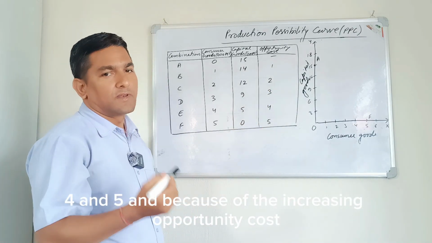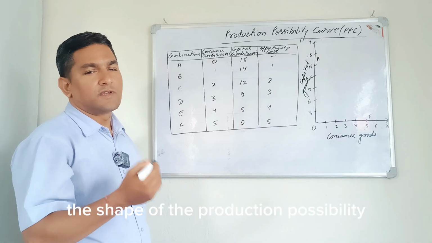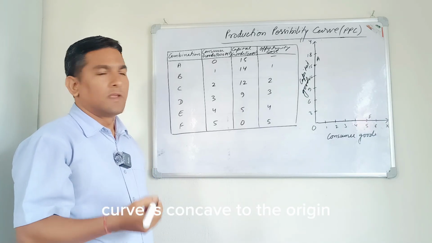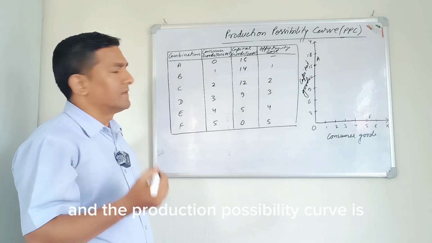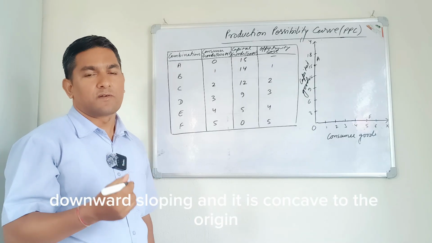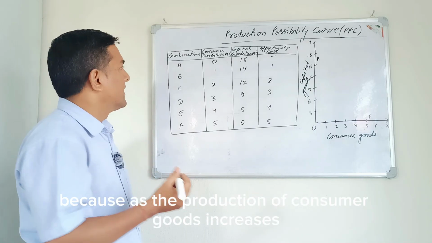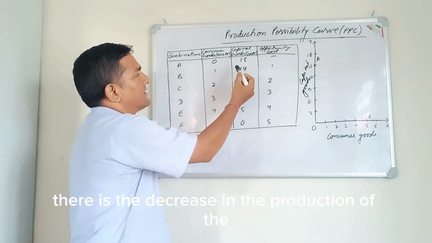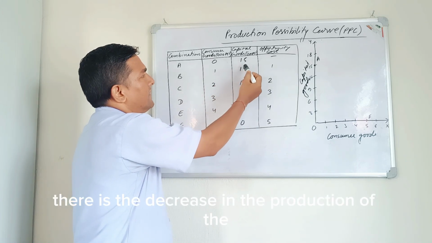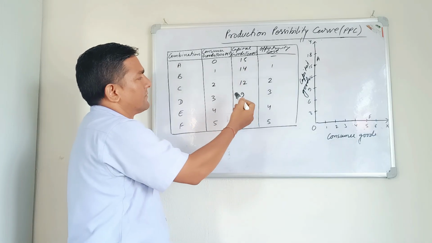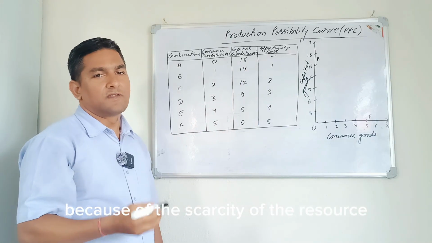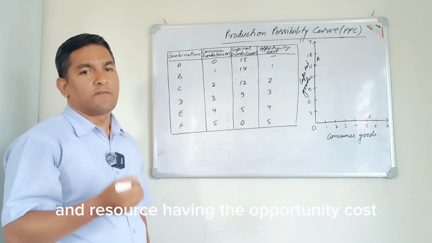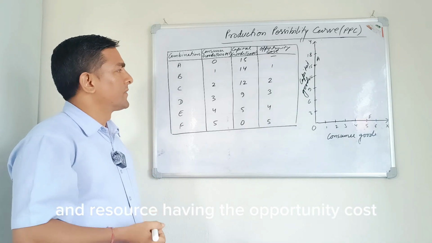And because of the increasing opportunity cost, the shape of the production possibility curve is concave to the origin. The production possibility curve is downward sloping, and it is concave to the origin, because as the production of consumer goods increases, there is a decrease in the production of the capital goods because of the scarcity of the resource, and resource having the opportunity cost.